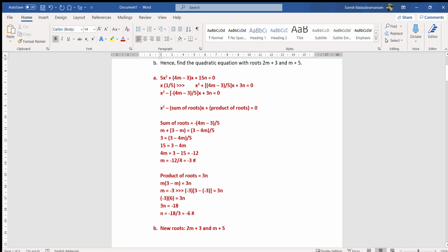We know the value of m is negative 3, so we can replace that.